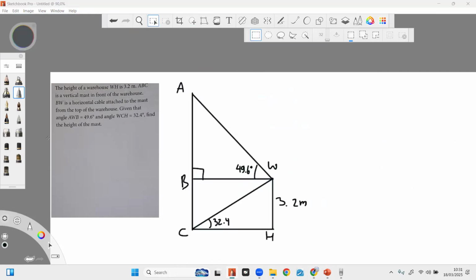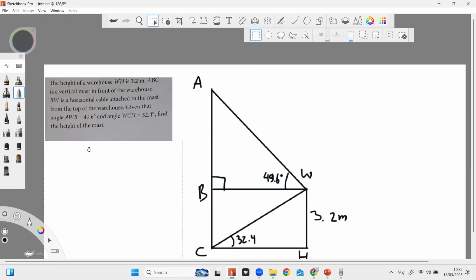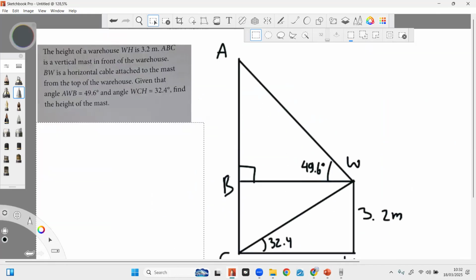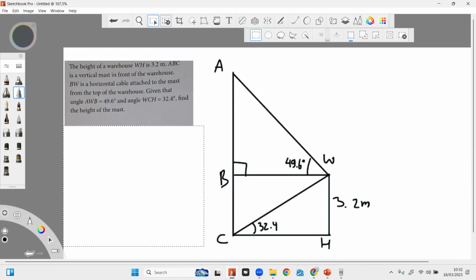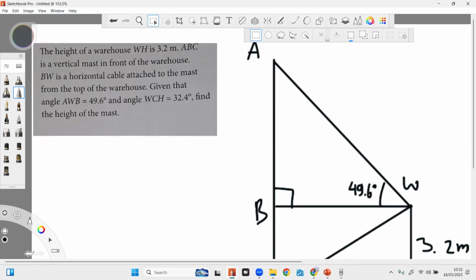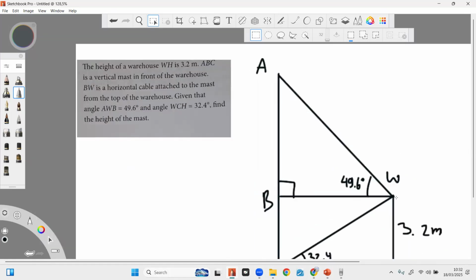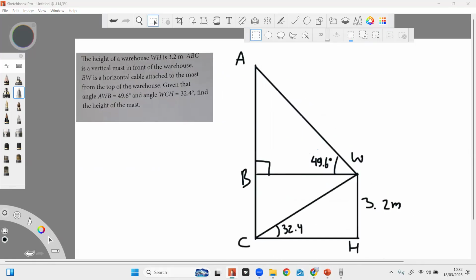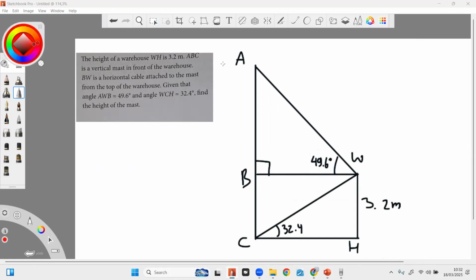Okay, guys, read the question properly. The height of a warehouse is 3.2 meter. This is the warehouse, whereas 3.2 meter. ABC is a vertical mast. So this is the vertical mast. ABC, look at ABC, it's on a straight line.